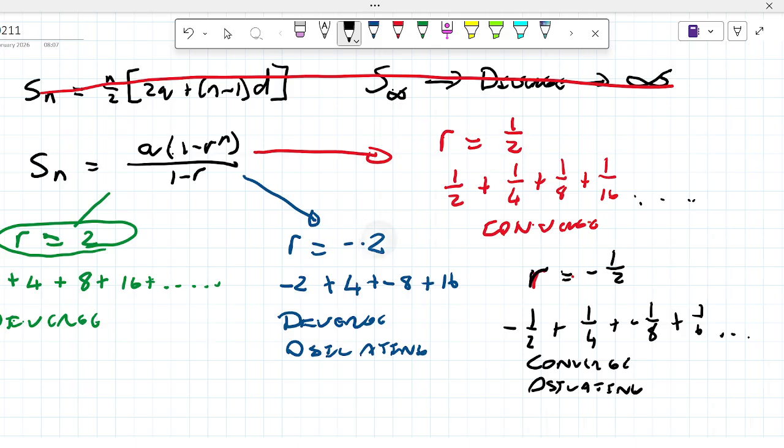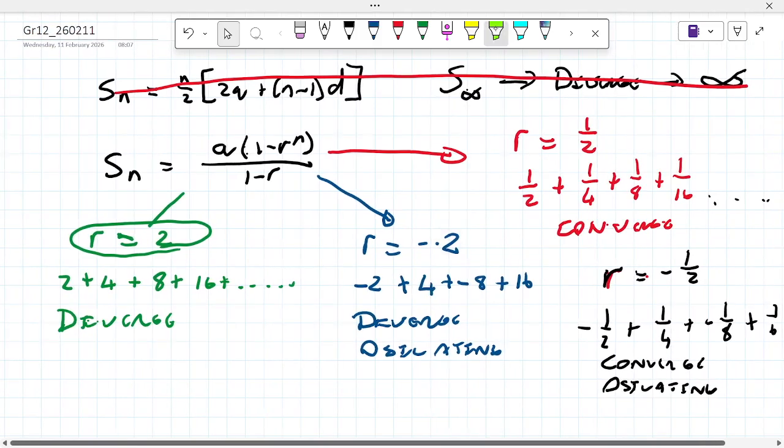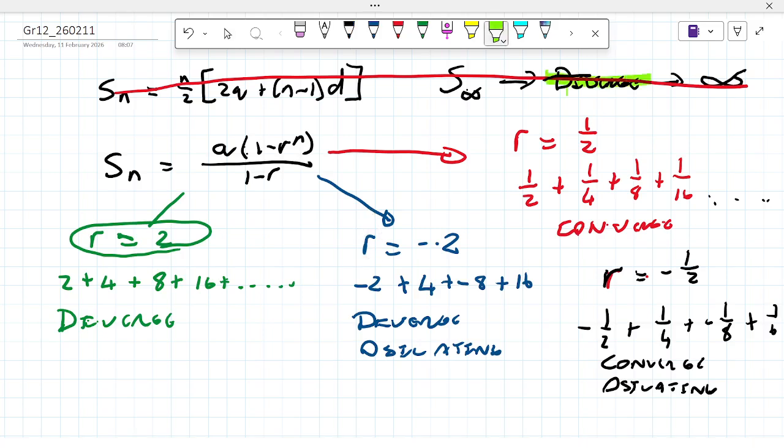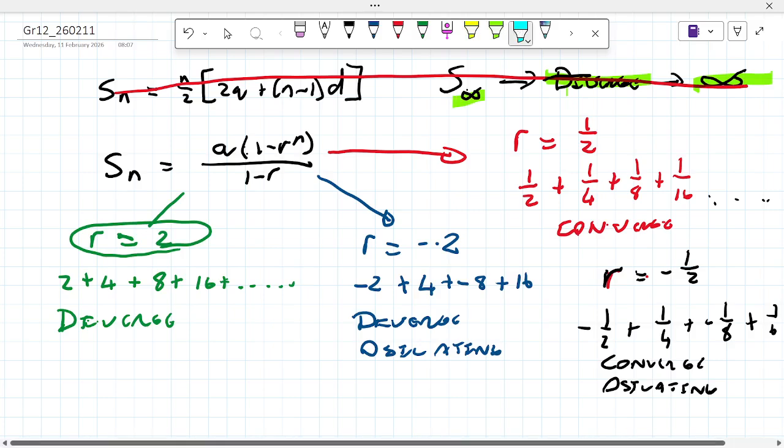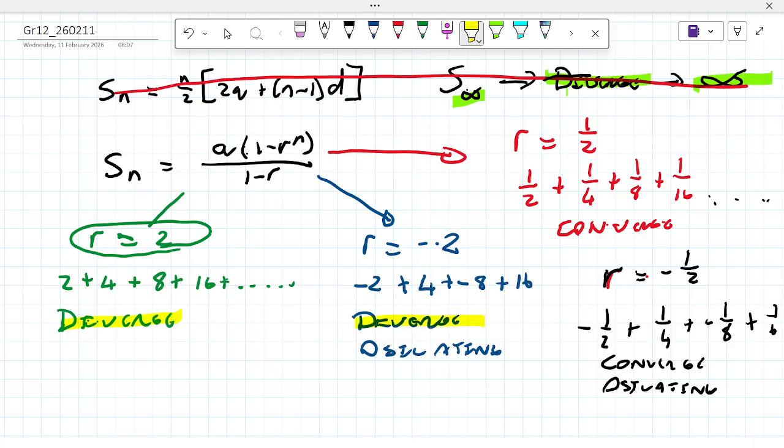We saw that arithmetic sequences diverge. So they're just getting bigger and bigger, so we can't calculate to infinity. Because these two are diverging, we cannot calculate it to infinity.